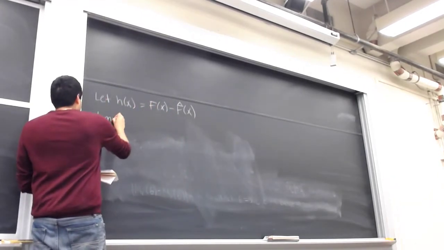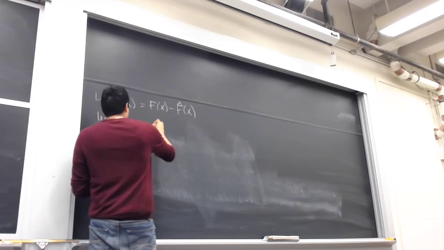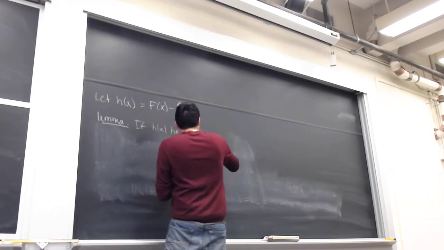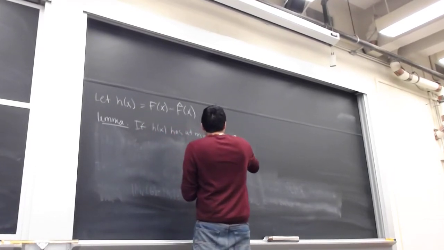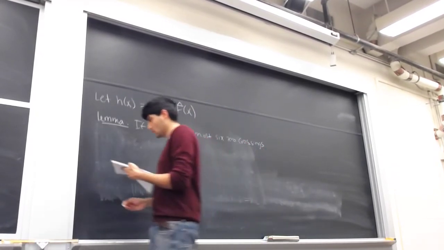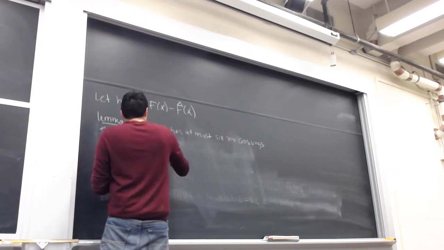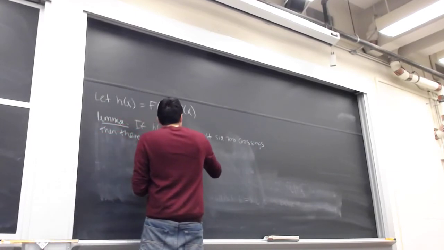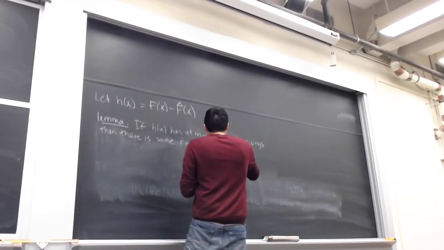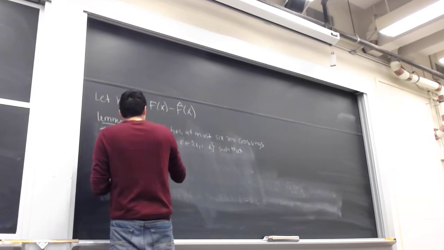What I'm claiming is, and this will be the part that we still have to prove, if h of x has at most 6 0 crossings, then there is some r that realizes the difference.